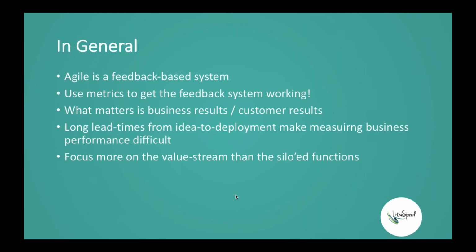Or the business conditions have changed, or new priorities have come up. What's in production becomes very dissociated from the ideas that we may have had sometimes months ago. So what I really want to do is have us focus on the overall value stream and what it takes to go from idea to production, and focus more on that than measuring any particular individual silo.